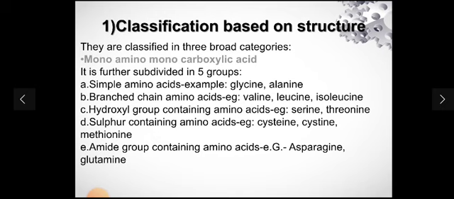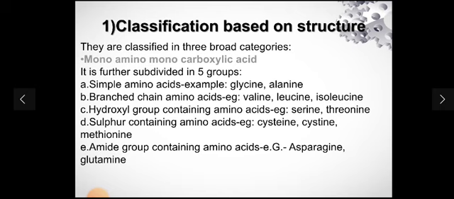Now we have hydroxyl containing amino acids, where we look at serine and threonine. We also have the sulfur containing amino acids, which are cysteine and methionine. Now, cystine is just two molecules of cysteine. That's the first one you see there, the cysteine.